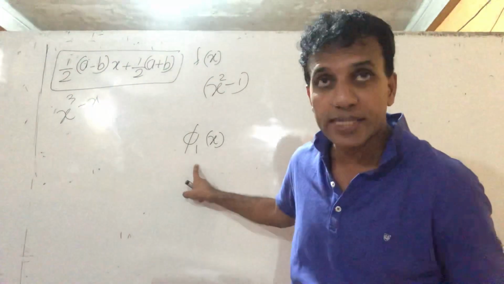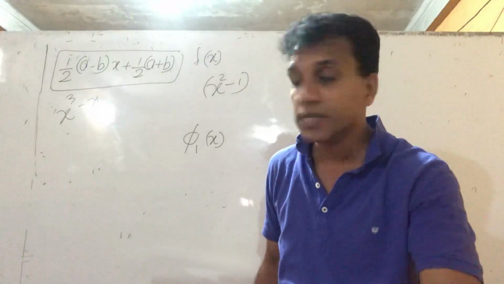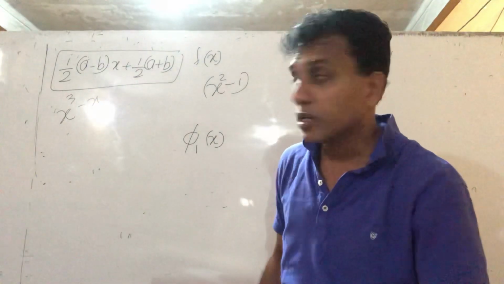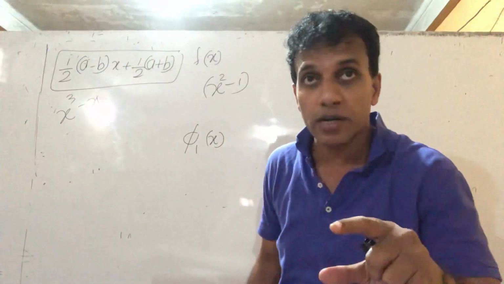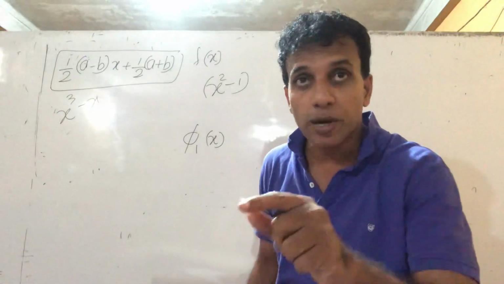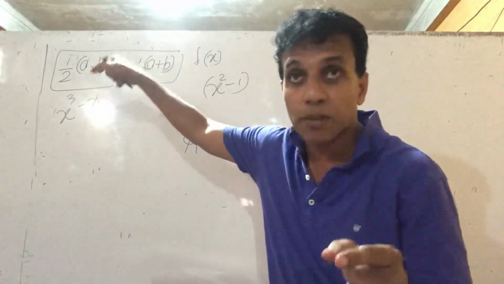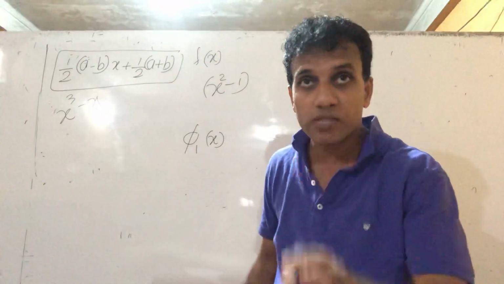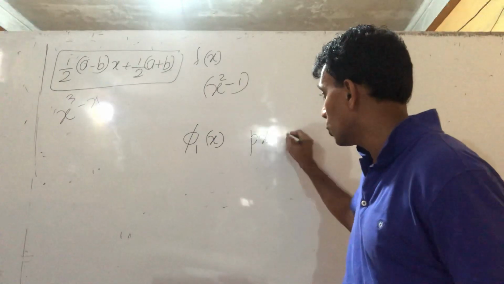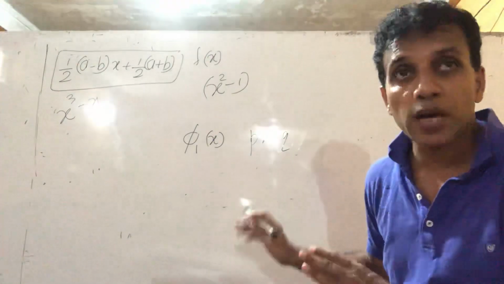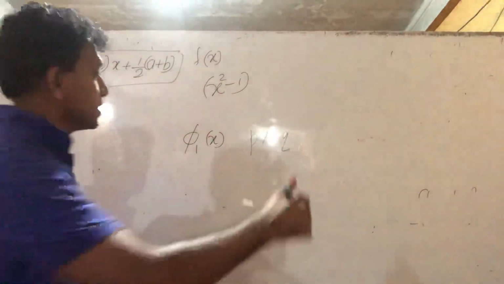Phi 1(x) and the remainder is, how is the remainder? If you divide by a quadratic, the remainder is a linear part, ax plus b. But don't write ax plus b here. Why? In the question they also use a and b. Therefore the best way is to say px plus q, right? Now write the identical polynomial pattern.